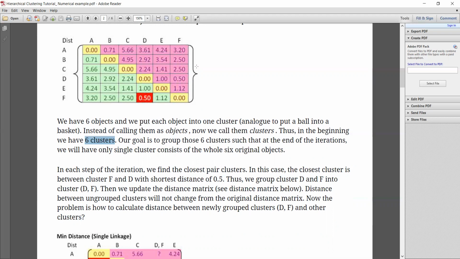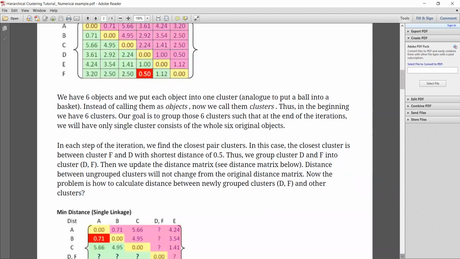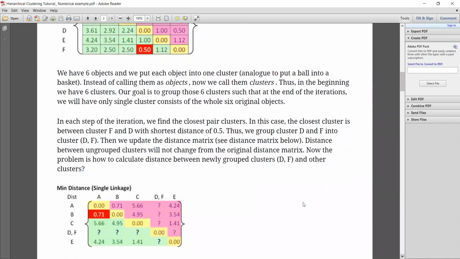If you observe this distance matrix, find which distance is the smallest. The distance between objects F and D, highlighted in red, is the closest, which is 0.5. This is the smallest distance. So in the first step we identify which two objects are closest and merge them together. Here we group clusters D and F together in the first step.